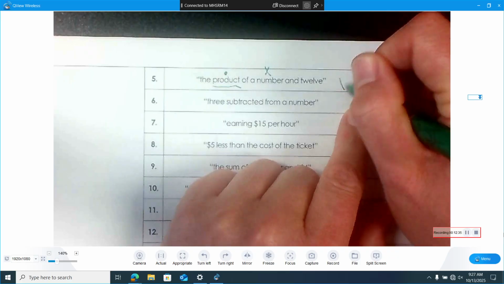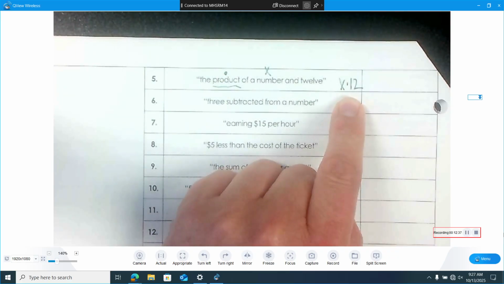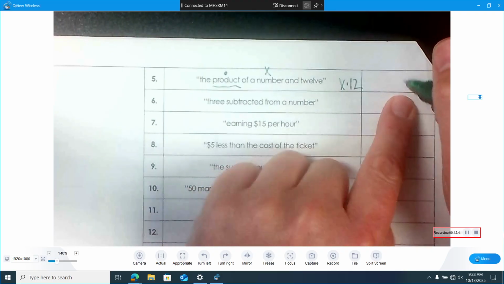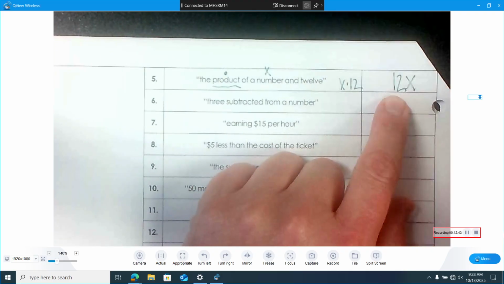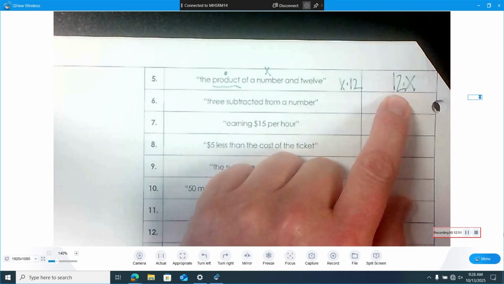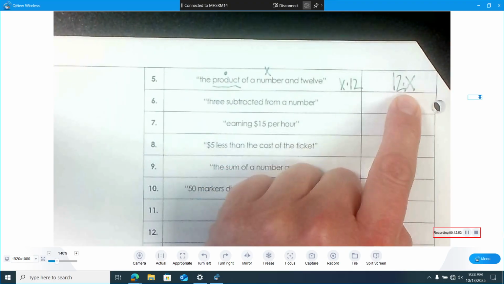Yeah, we could write x times 12. That would be totally fine. Usually we write the number first, and this would mean the same thing, 12x or 12 times x. We could put the multiply in there. Either one is correct. This is just more normal looking, I will say.